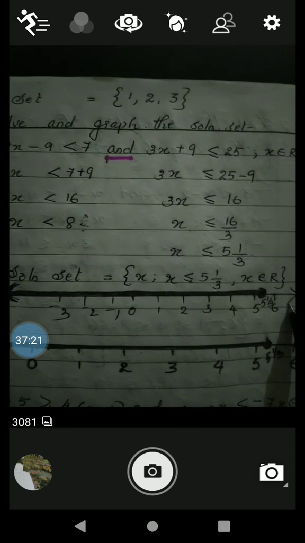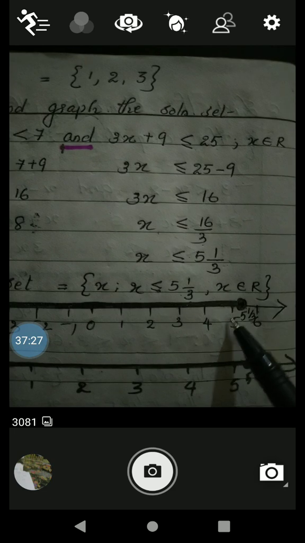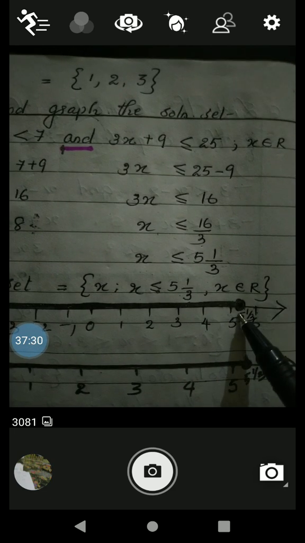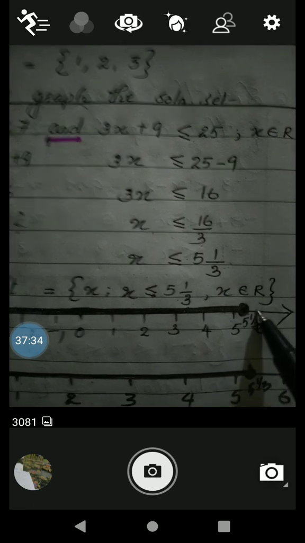And we can draw a number line like this, and the value of x is less than or equal to 5 and 1 by 3. So find a point between 5 and 6 for 5 and 1 by 3, and darken the circle, and at the same time you have to write 5 and 1 by 3 there. You can see that clearly in the second figure.